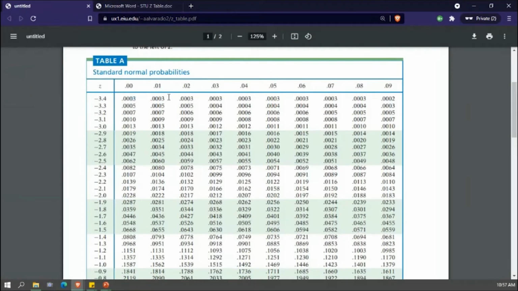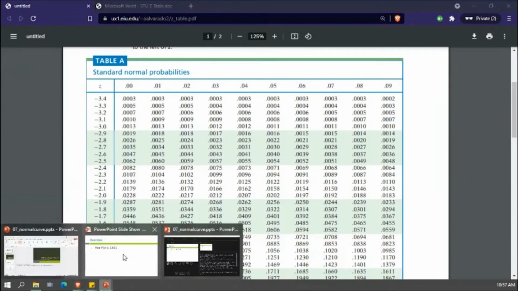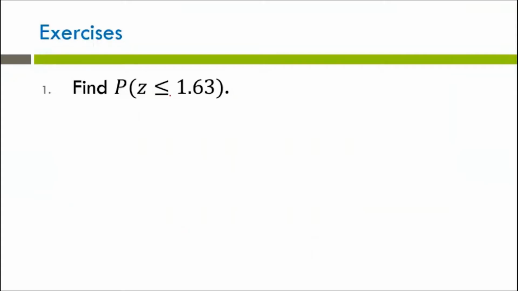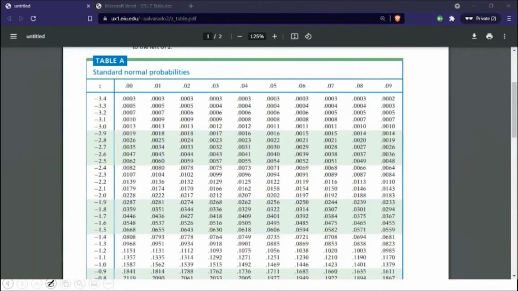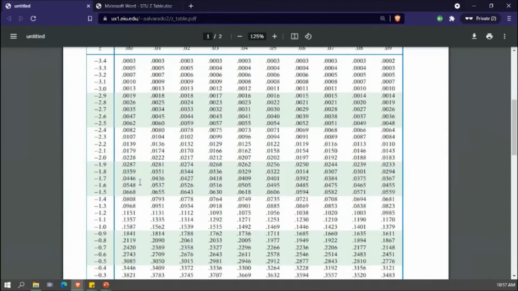Going back, we'll have to answer what is the probability of z when it is less than or equal to 1.63. So again, divide it by 2, separate them. You will have 1.6 and the other one will have 0.03. We'll find 1.6 here, and if we re-add this back, the result will be the same, 1.63. So using the table, we have positive 1.63.